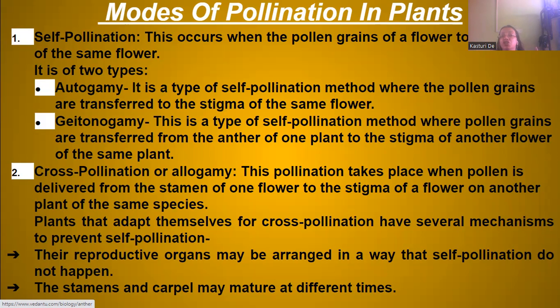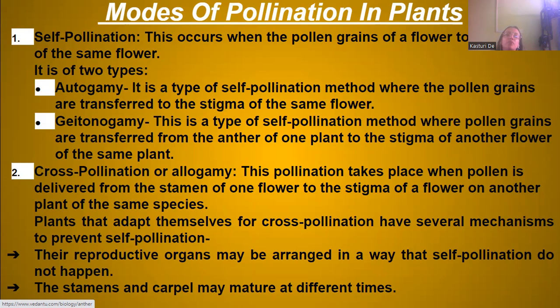Geitonogamy is the self-pollination method where pollen grains are transferred from the anther of one flower to the stigma of another flower of the same plant. Clear?